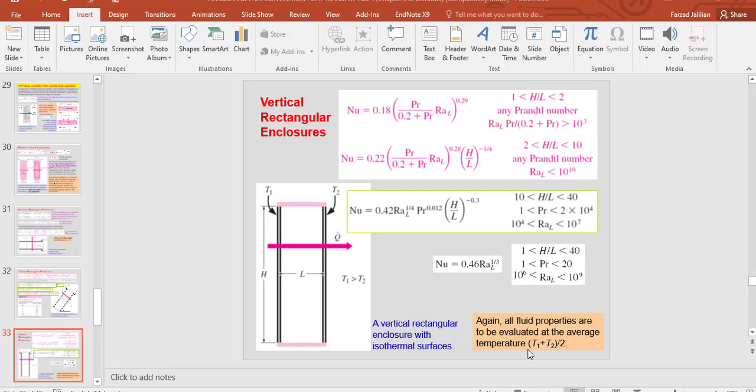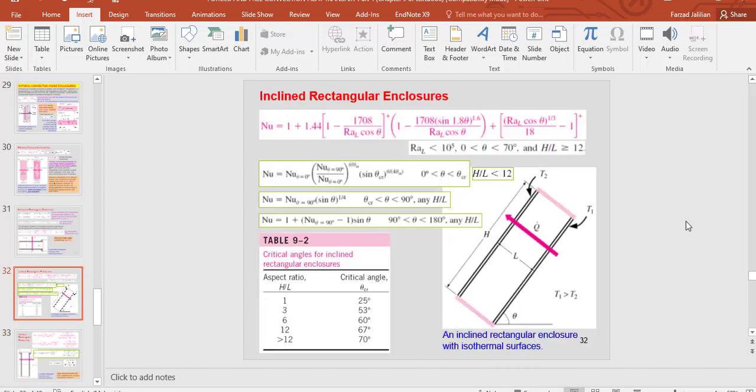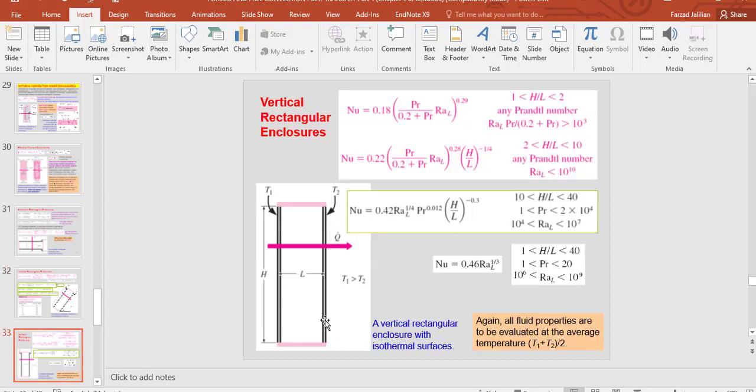If you remember in this slide, theta is this angle. So when it is 90 degrees, it means a vertical rectangular enclosure. So for a vertical rectangular enclosure, we can use these two equations with these conditions to find the Nusselt number.